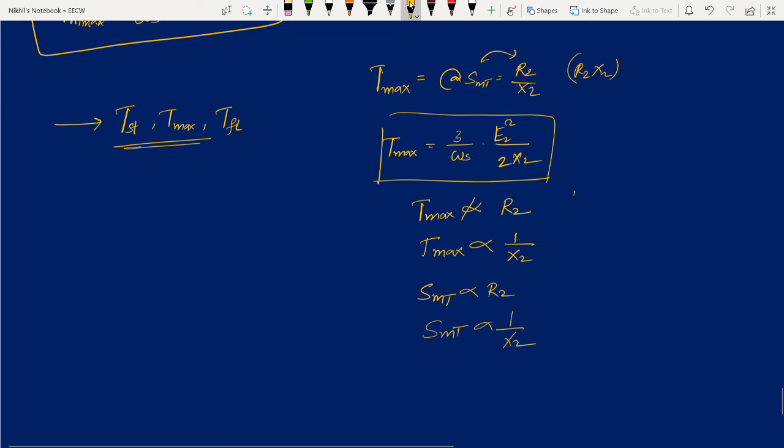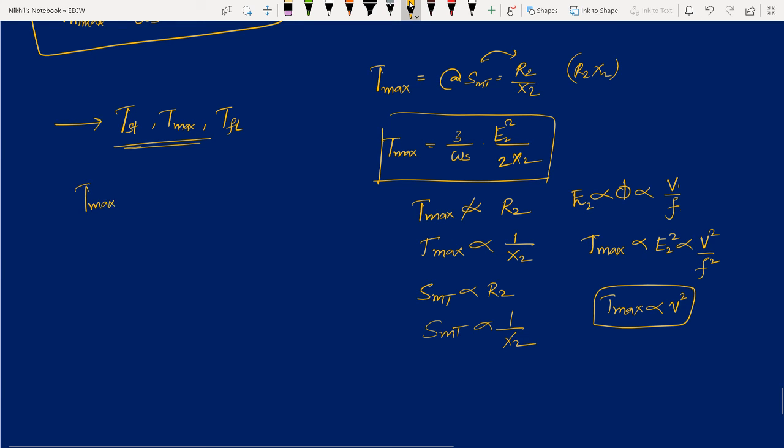Understood? As I was telling, E2 is nothing but the induced voltage on the rotor side, which is proportional to the flux in the machine, and flux in the machine is proportional to the V/F ratio of the supply voltage V and supply frequency F. So from this equation, T_max is proportional to E2 squared, and E2 is proportional to flux, which is proportional to V/F. So I can conclude that T_max is proportional to the square of the supply voltage.